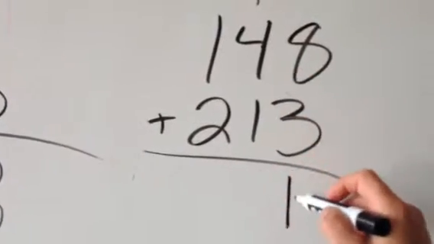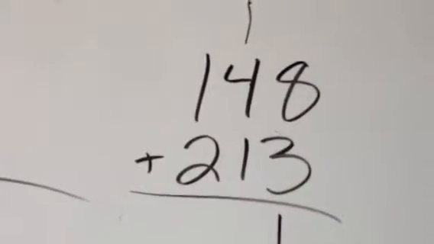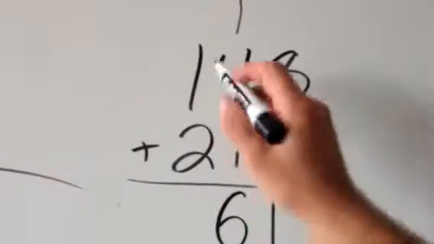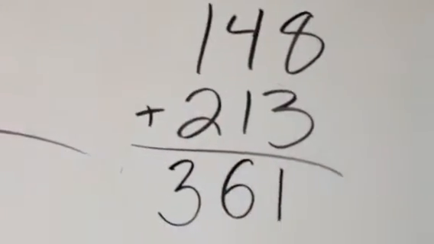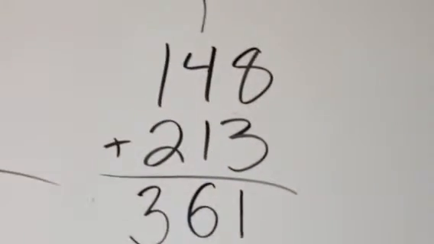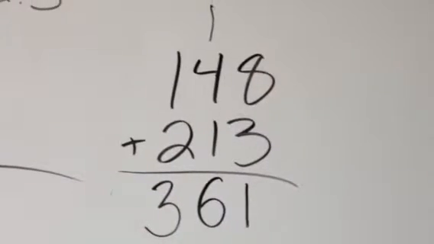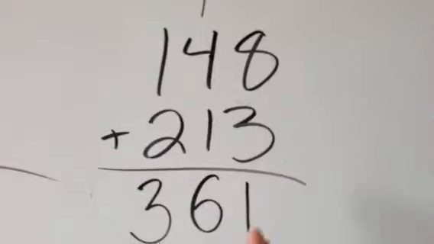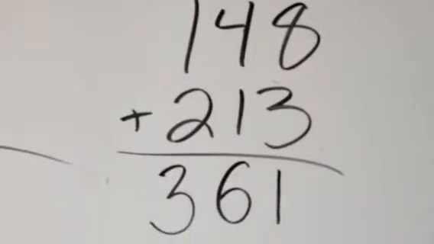That 10 and this 1 was our original 11. So now we have 6 in our 10s column, and a 3 in our hundreds column. That's what you would call the traditional way when you carry over, but really you're just moving from 1s to 10s when you have extra.